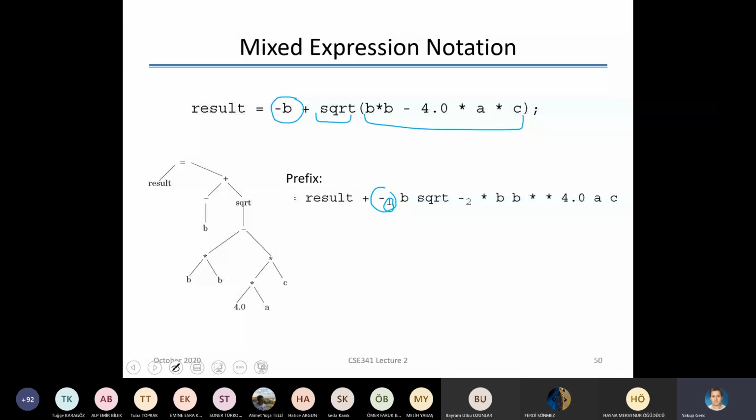Whereas this operator here is a binary operator, it requires two operands.